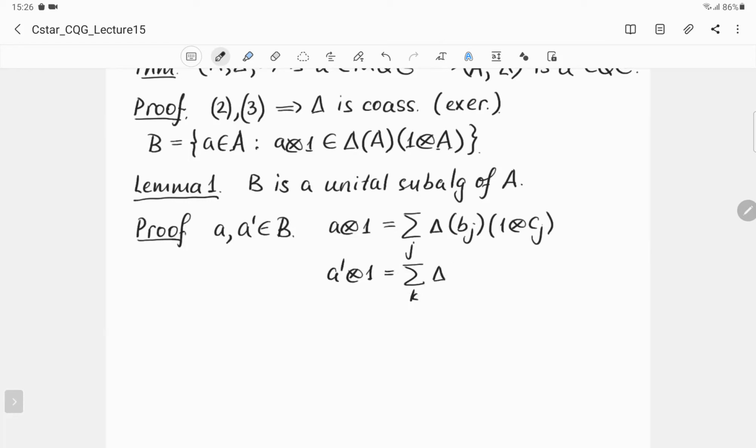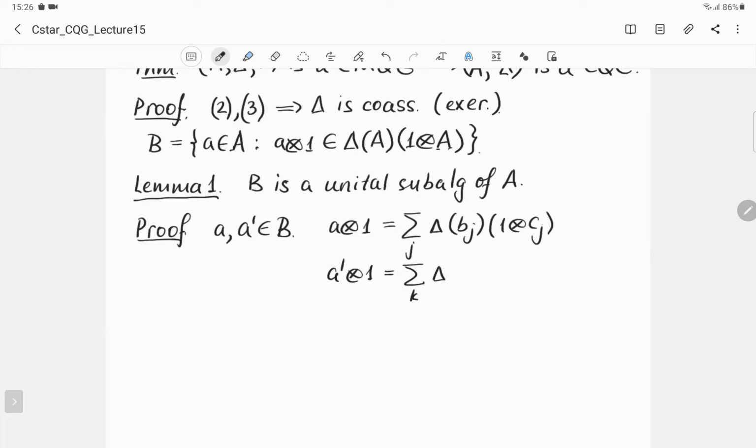So we now take the product and consider the following element. So what is this? This is the product of a tensor 1 and a prime tensor 1. And by assumption, a tensor 1 has the following form, so we just substitute this formula here.